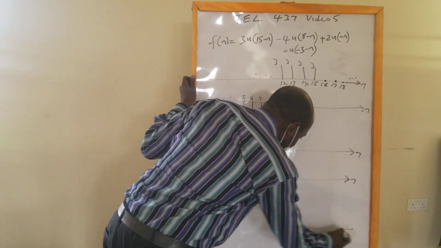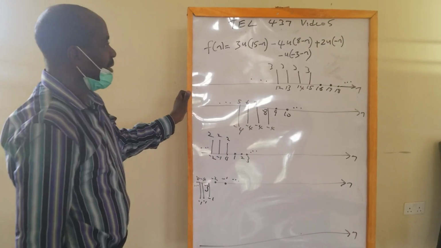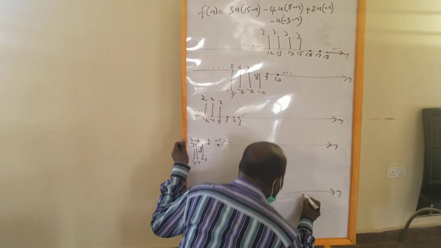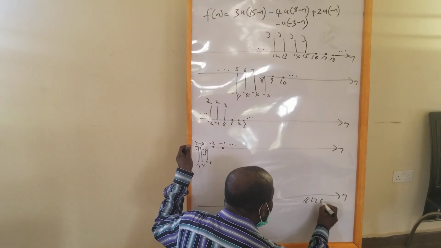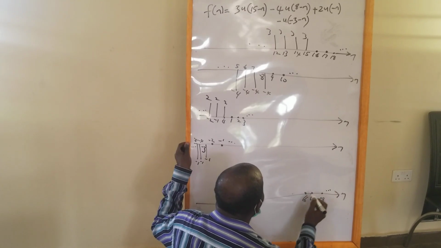Let's now combine them together. Now, let's start from this end. At 16, 17, 18, 0, 0, 0. That trend continues like that.